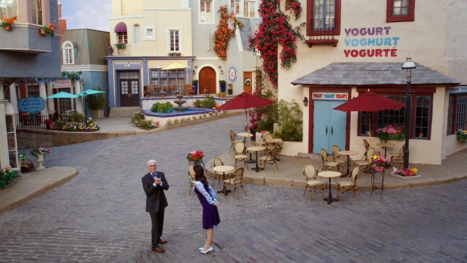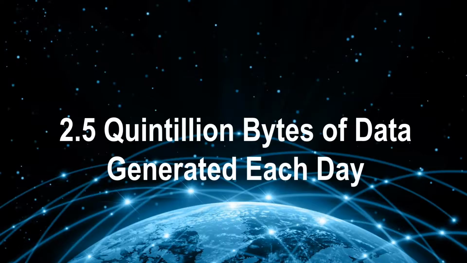So if we're going to look at the current web infrastructure as a place, we would want it to be a good place, a safe, secure place. As the world is becoming hyper-connected, with everyday objects connecting to the internet to send and receive data, according to a report from IBM, 2.5 quintillion bytes of data is being generated each day.